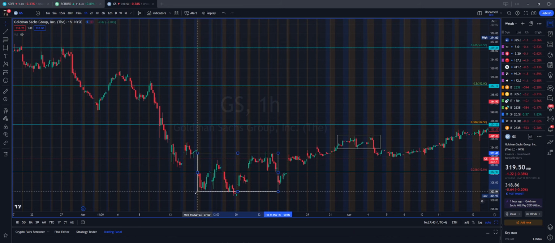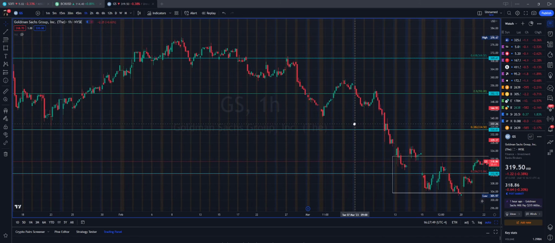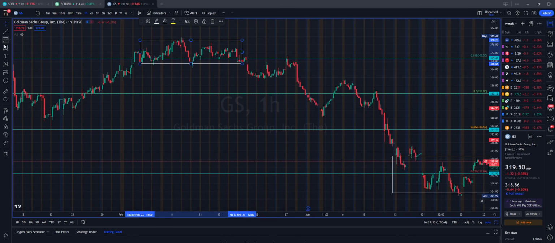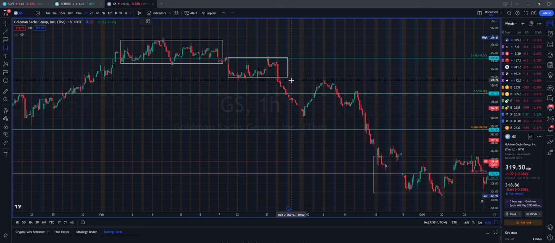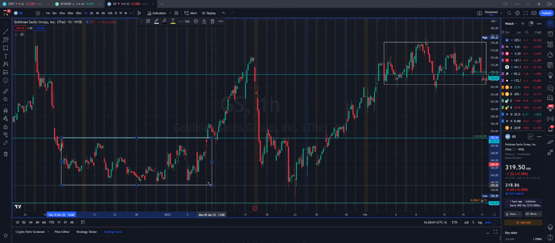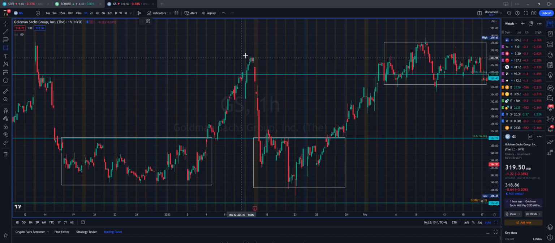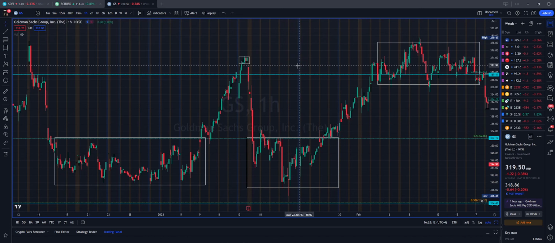Oh, this whole thing is a range, and we'll find another range on top, another range below it, another range right here, another range, and then there's a mini range here.